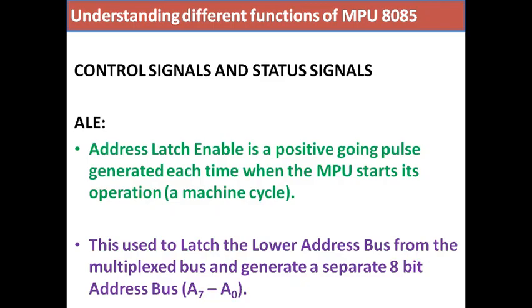But after that, the lower order address bus can be used as data bus, which can be used to get information from memory to the microprocessor, or from microprocessor to memory or IO.